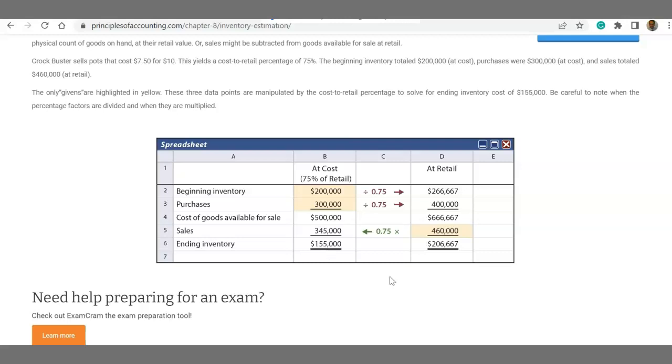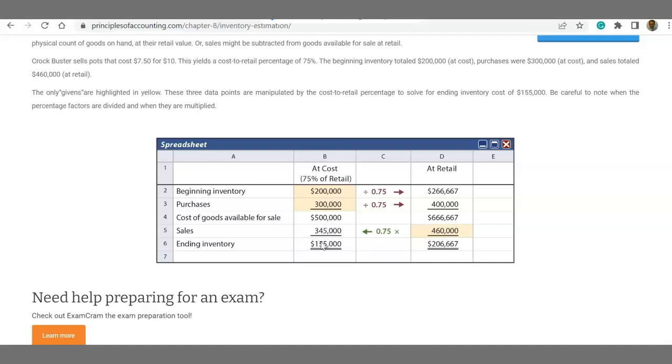And this method, the retail method, is acceptable to use for preparing the income statement and balance sheet. So the ending inventory will end up being 155, and then we use that to prepare financial statements.